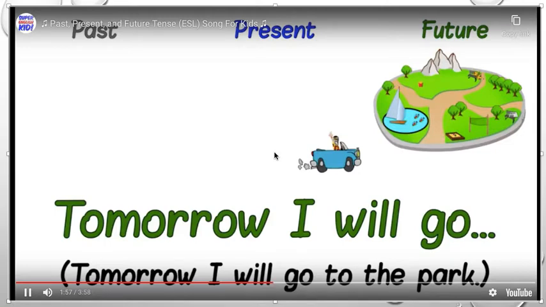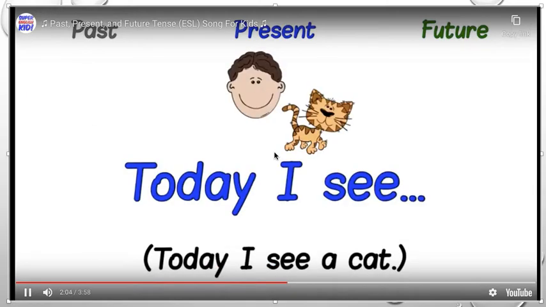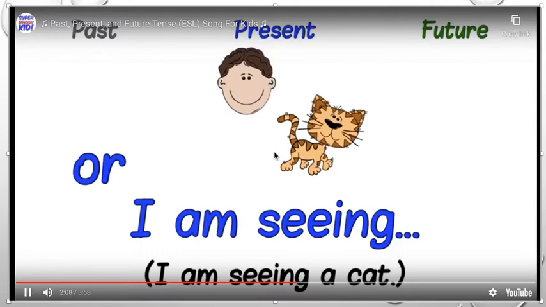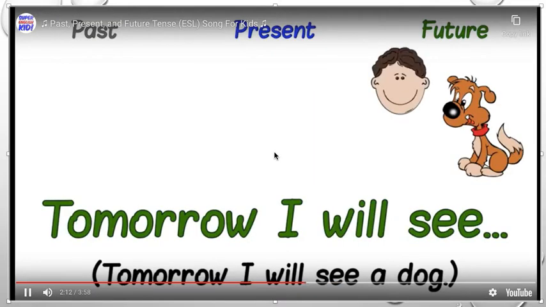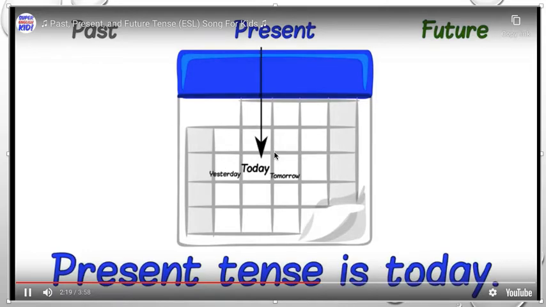Tomorrow I will go. Yesterday I saw. Today I see. Or I am seeing. Tomorrow I will see. Past tense is yesterday. Present tense is today.